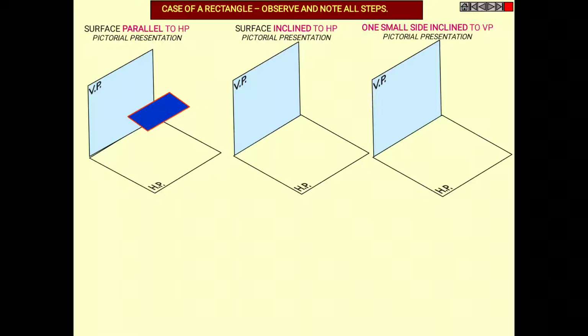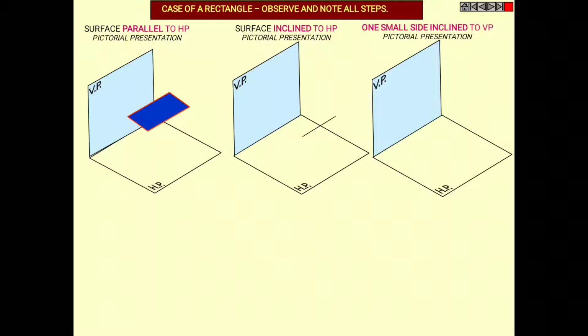In the first case you can see the surface parallel to HP. You can see clearly there is a rectangle here. The entire blue colored part is your surface. That surface is parallel to your HP, and it is perpendicular to your VP. In the second case you can see the surface inclined to HP.